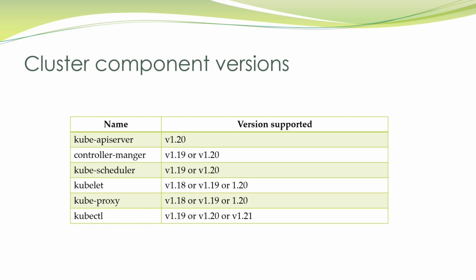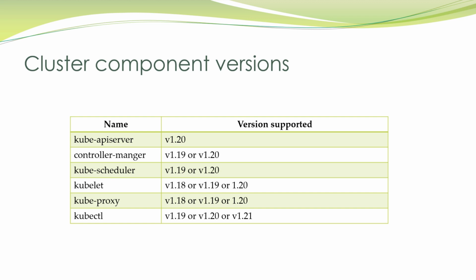In the case of kubelet, it can go two minor versions lower. It will start from 1.18. 1.19 is also supported, and 1.20 is also supported. The Kube proxy is the same as the kubelet. 1.18, 1.19 and 1.20 versions are supported.